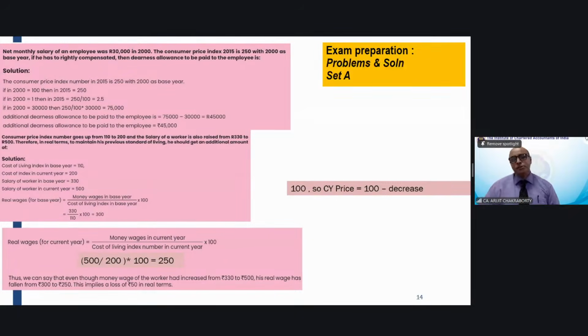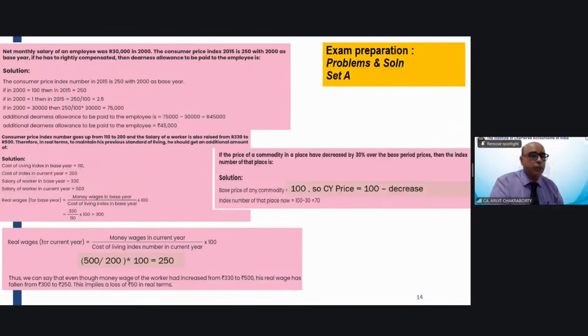That means the person must be facing financial challenges because he will not be able to maintain his standard of living, since his real wage has gone down. So the conclusion is that even though the money wage of the worker has increased, his real wage has fallen from 300 to 250, which signifies a loss of 50 rupees in real terms. So, a very important example.